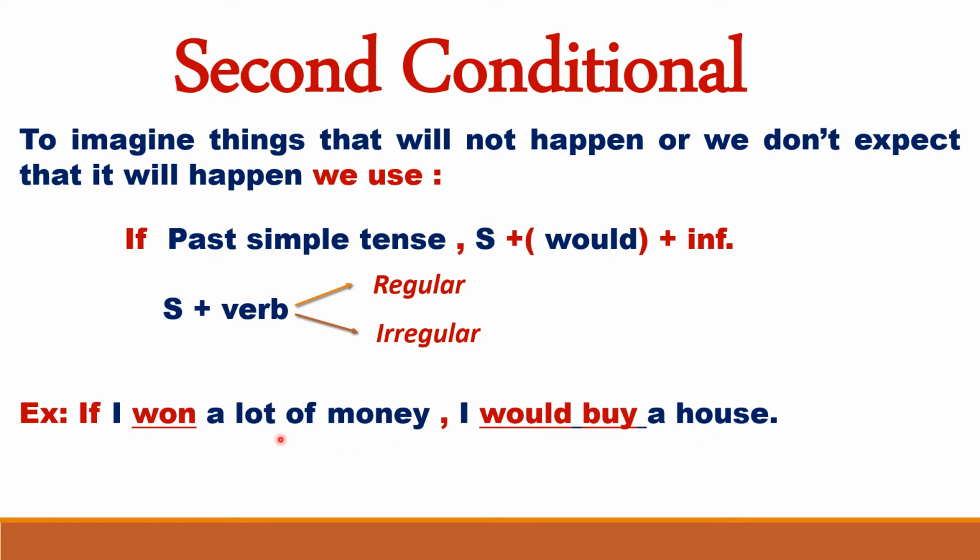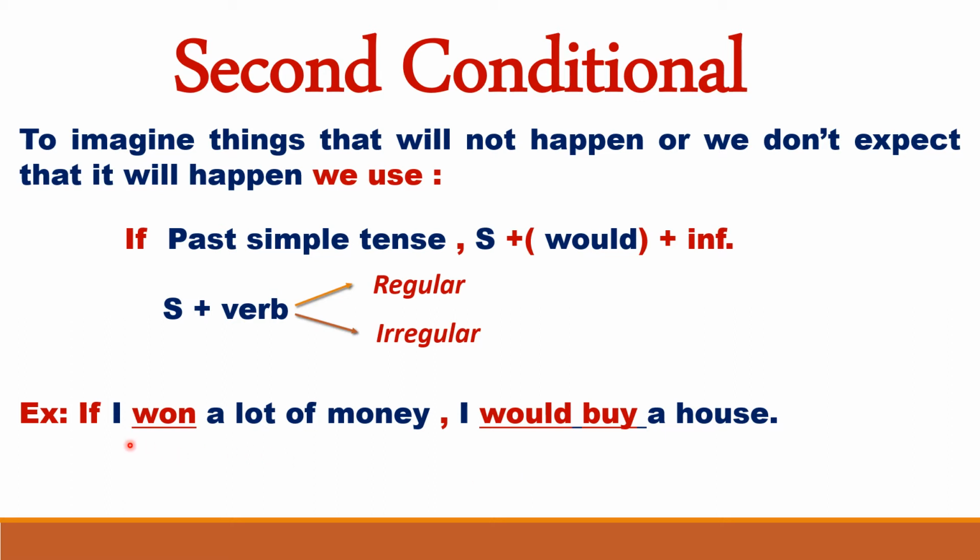So we notice that it expresses something subjunctive, hypothetical, an unreal situation. Something I imagine: if I won a lot of money, I would buy a house. But it is not happening now.